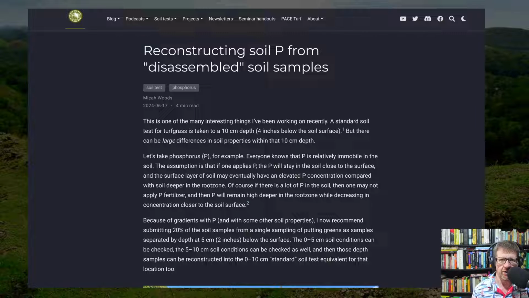It will allow you to get even more actionable information and make better decisions and make decisions with more confidence based on your soil test results.